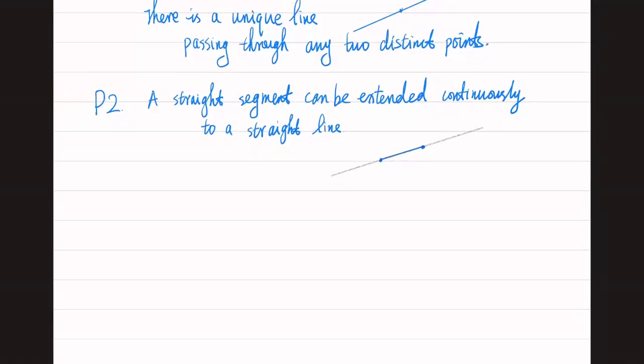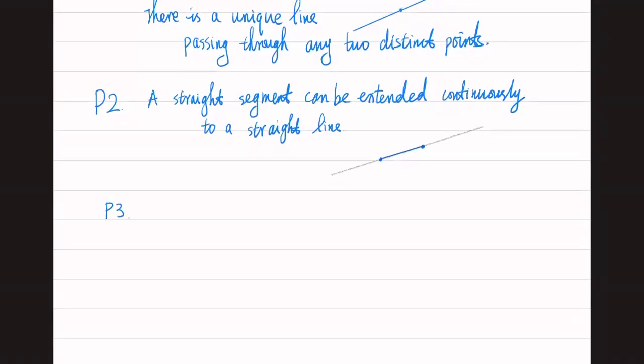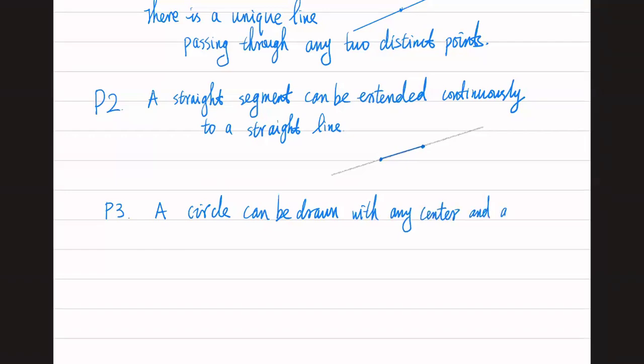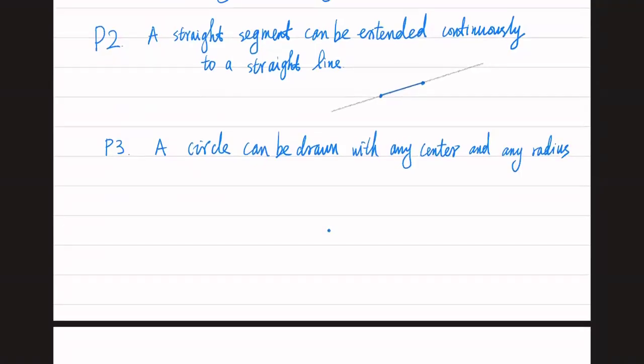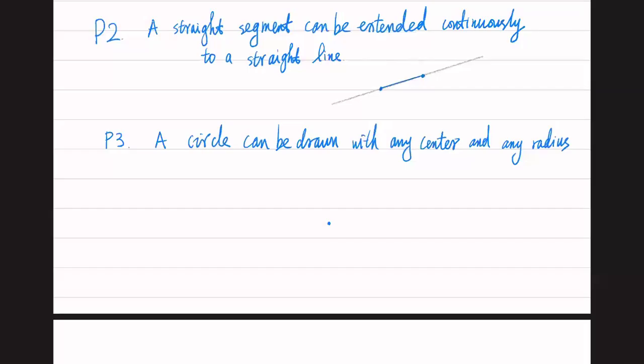The third. So you give a point, we call it the center of the circle, and a radius.